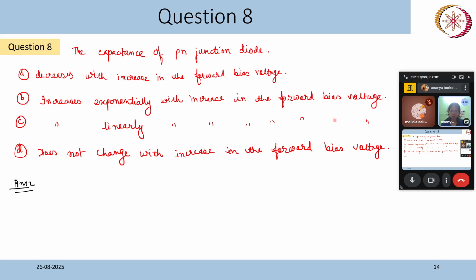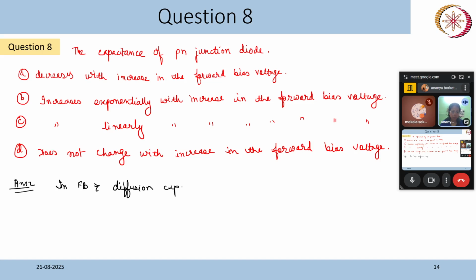I'm telling you how. The question is on forward bias voltage. What I mentioned earlier, that you can do the calculations like what the depletion capacitance value is, what the diffusion capacitance value is, all these things. So in forward bias, our diffusion capacitance is significant.